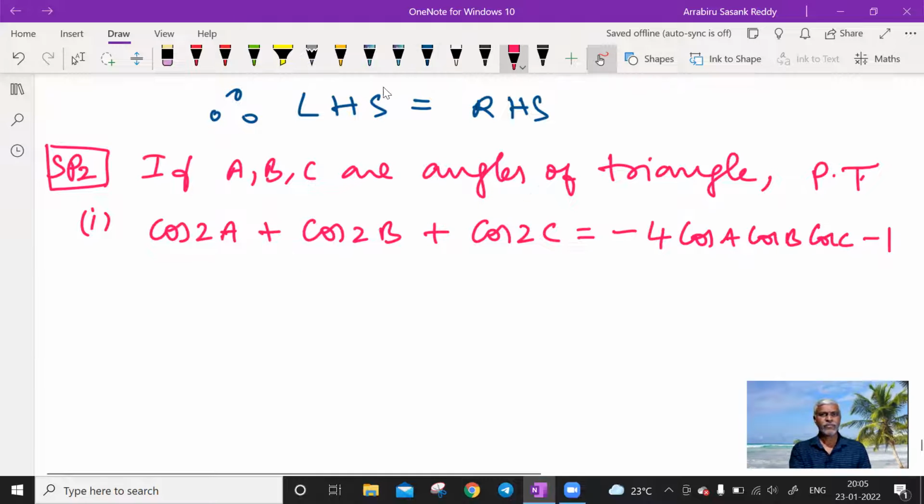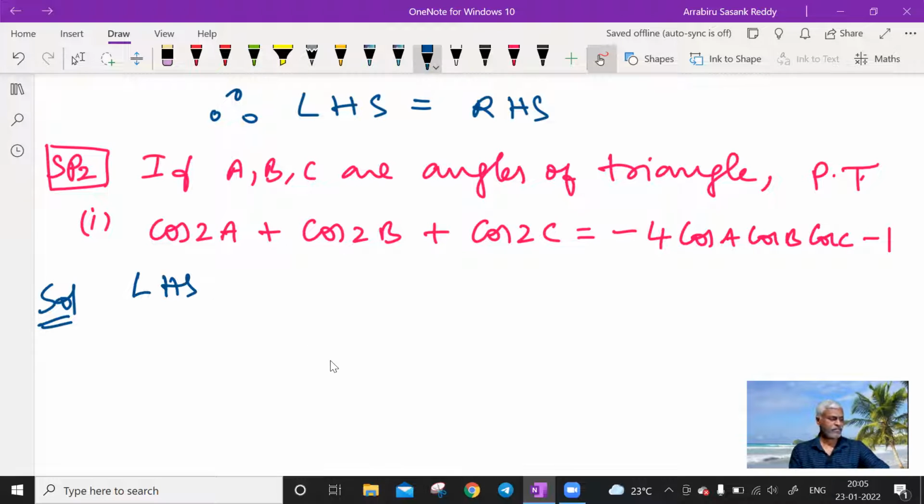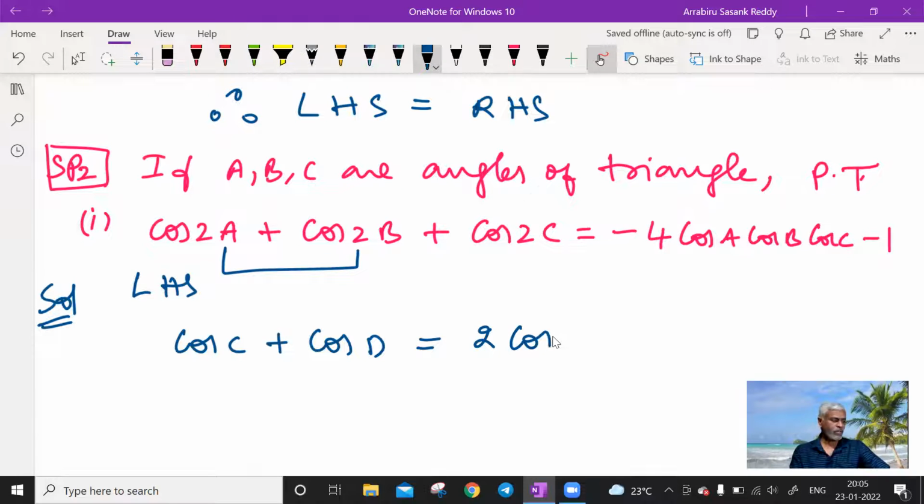Now let us prove this one. Take the left hand side and apply cos C plus cos D. Cos C plus cos D is equal to 2 cos (C plus D by 2) cos (C minus D by 2).